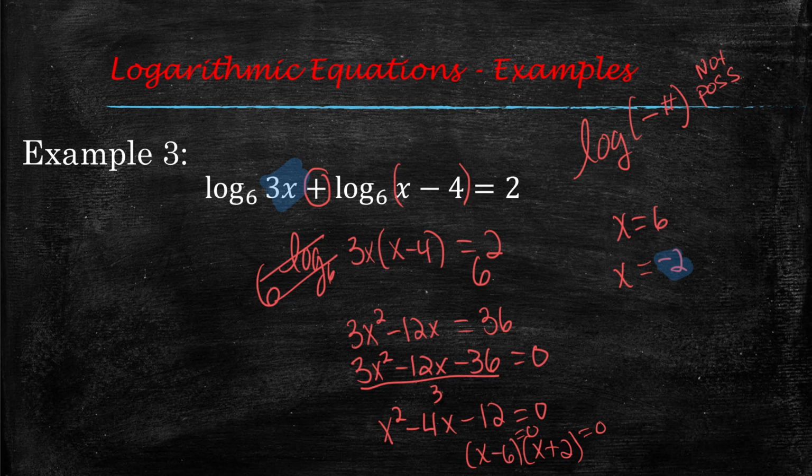Well, I can't do that. So this is an extraneous solution. I do want to check the 6 and make sure I don't get a negative. Well, 6 times 3 is 18, and 6 minus 4 is 2, so it looks like that's okay. Again, you would probably want to go ahead and substitute it in and just make sure that everything is equal, but just for sake of time, that is the solution.